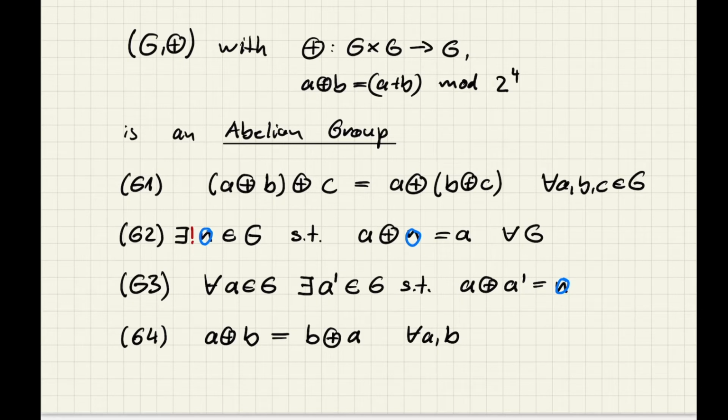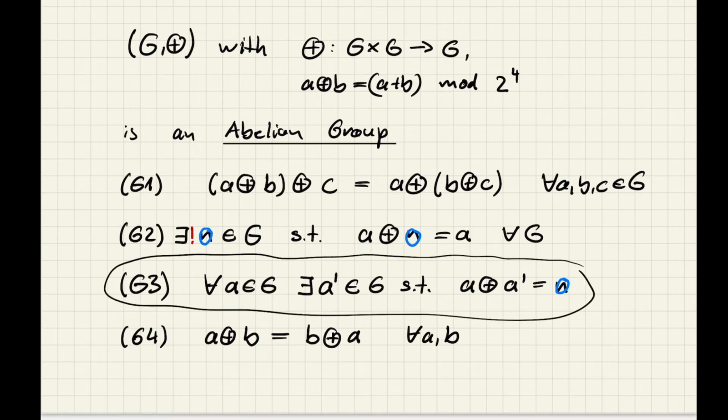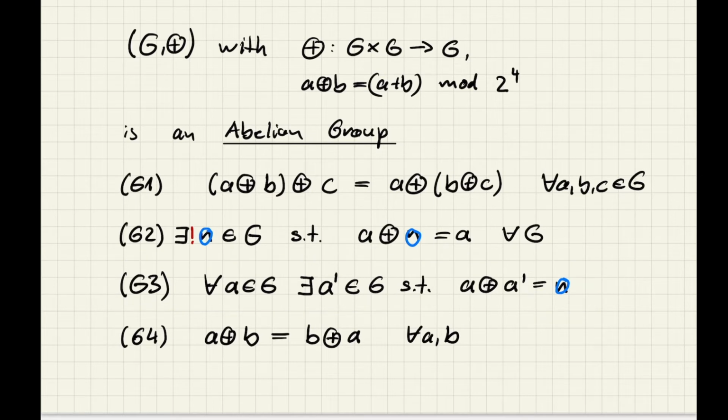So there's just one 0 or just one element with this property of a 0. For implementing the subtraction, it's now in particular helpful that we also know that this axiom is satisfied, that every element has an inverse element, and actually we know that this is also a unique inverse element.